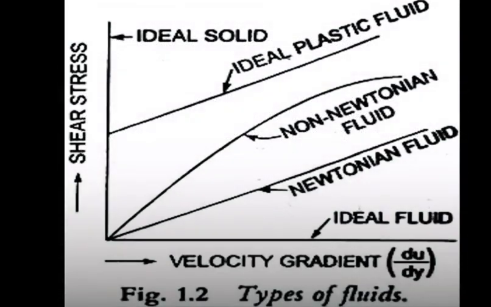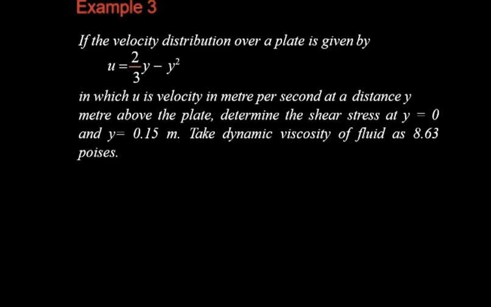So next we will see another example on what we have studied till now. If the velocity distribution over a plate is given by an equation, don't worry. Whenever you see an equation, don't be confused. It will be very easy.